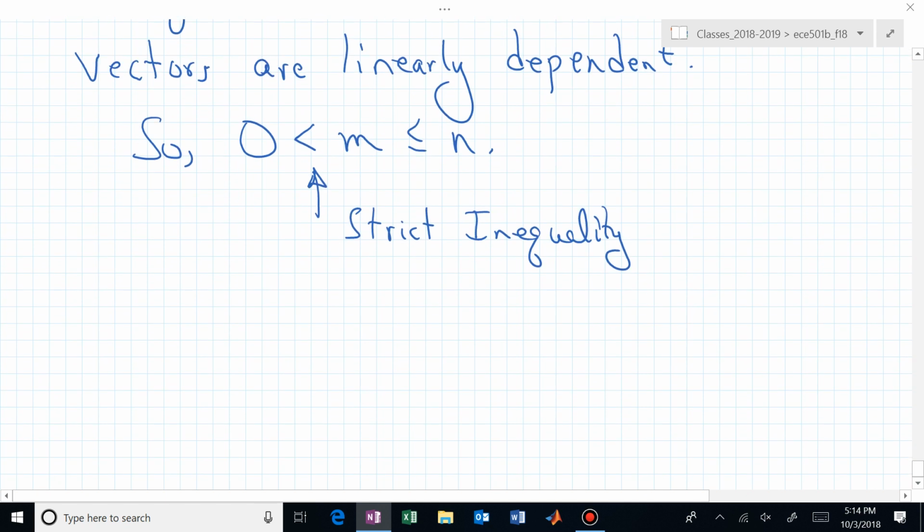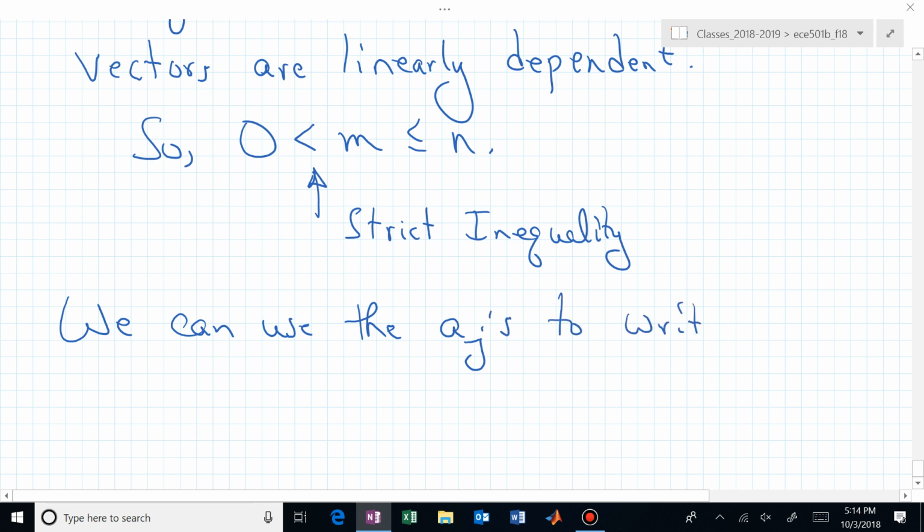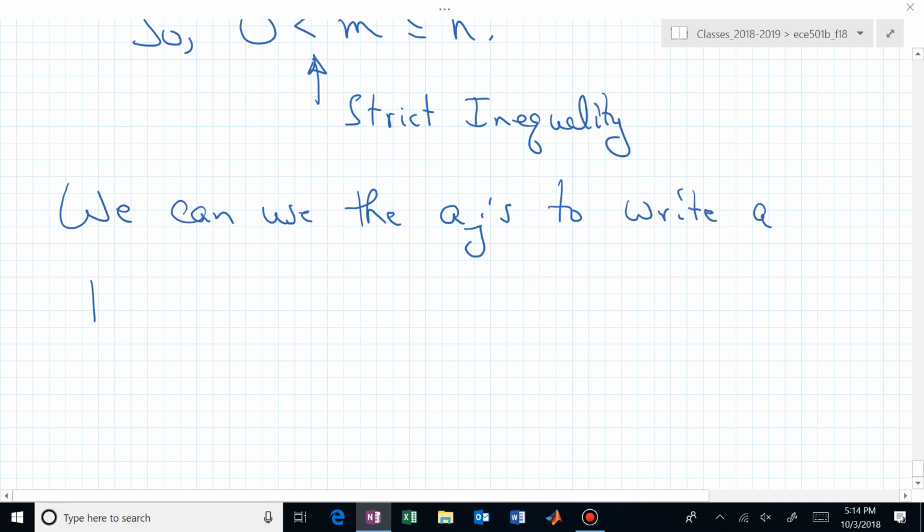So now we have some scalars, a1 through a sub m. Let's build a polynomial out of those scalars. We can use the a sub j's that we now have to write a polynomial. And we'll call that polynomial p of z.